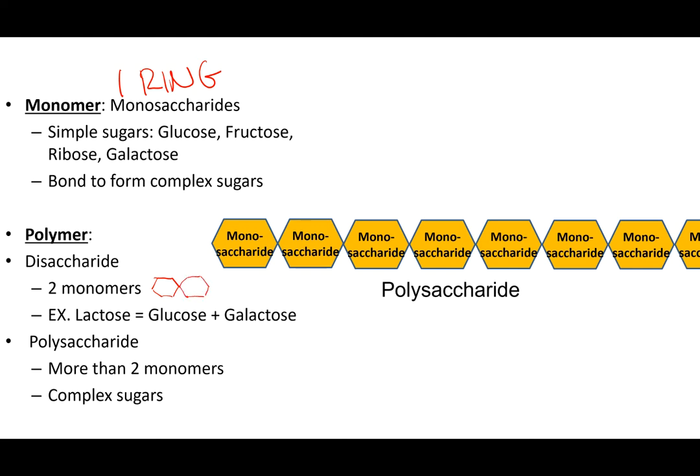An example of a disaccharide that you might be familiar with is lactose. Lactose is a carbohydrate that's found in milk, right? So if you know someone that's lactose intolerant, that means they don't have the enzyme that physically breaks this molecule down. You can think of an enzyme as like a pair of scissors that will break molecules apart.